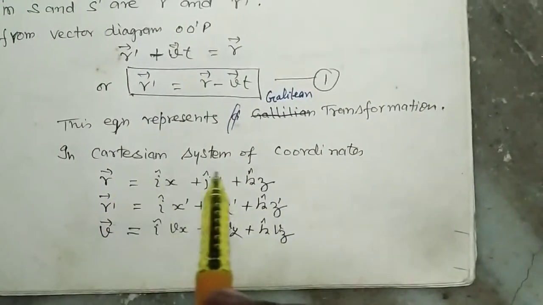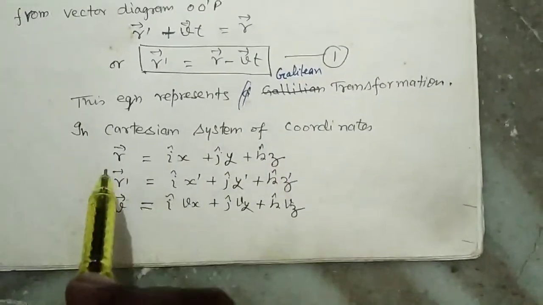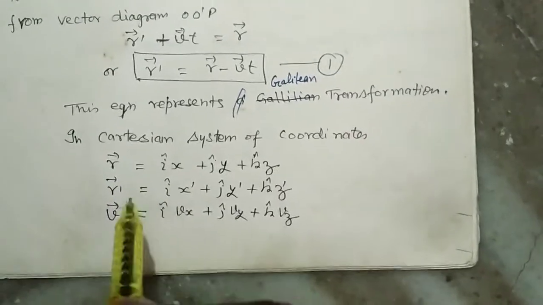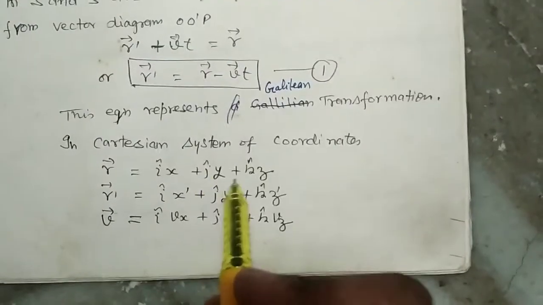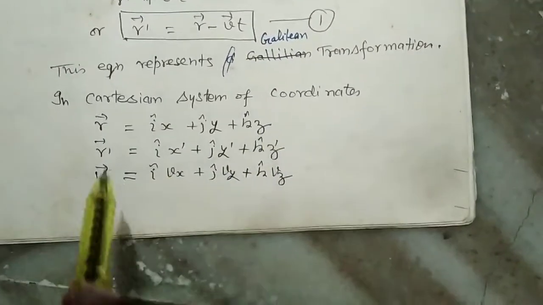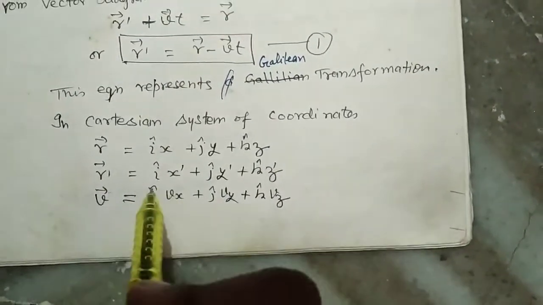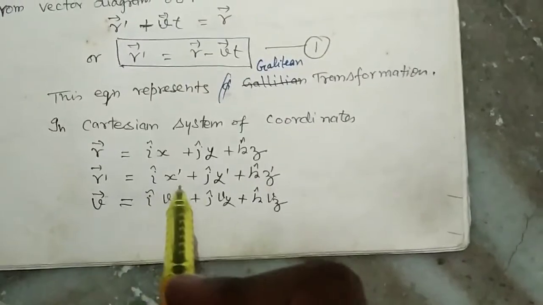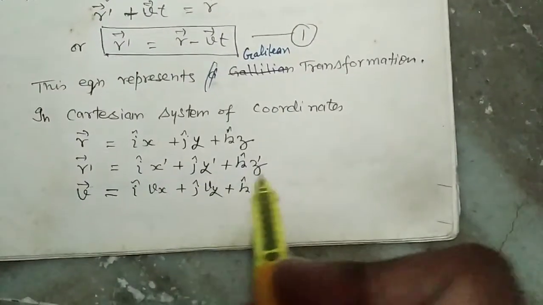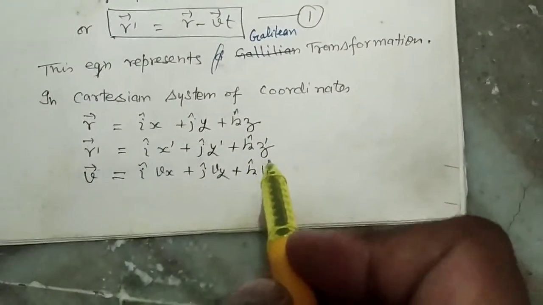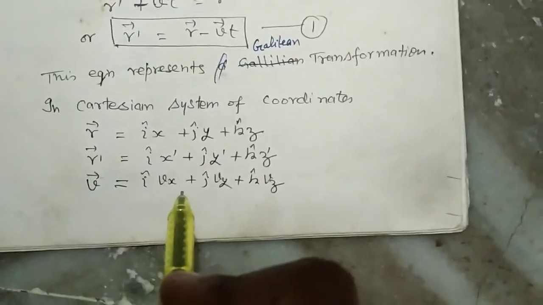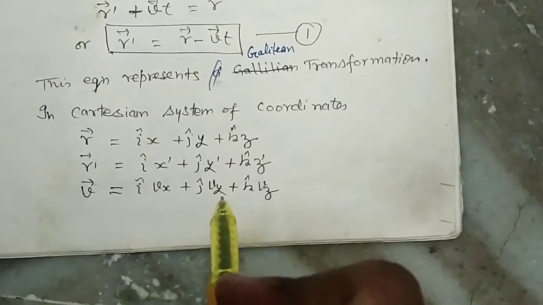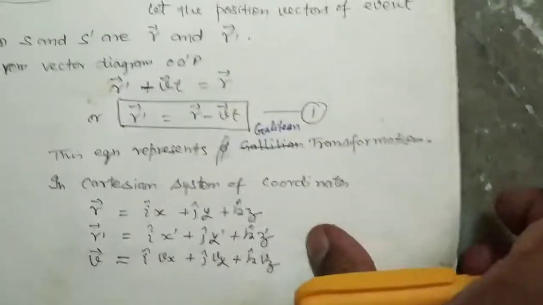In Cartesian system of coordinates, R vector is equal to i cap x plus j cap y plus k cap z. R dash vector is equal to i cap x dash plus j cap y dash plus k cap z dash. And V vector is equal to i cap Vx plus j cap Vy plus k cap Vz.